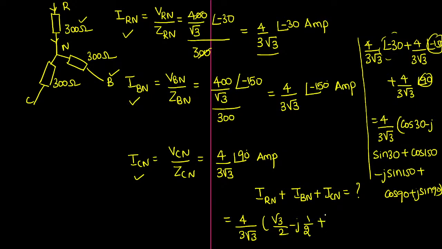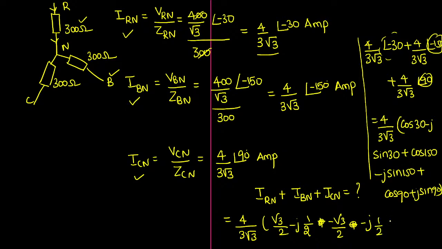Plus, what is the value of cos 150? May I know the value of cos 150? That is also root 3 by 2 only, but that is minus root 3 by 2. Minus root 3 by 2, minus j sin 150. Sin 150 will be 1 by 2.